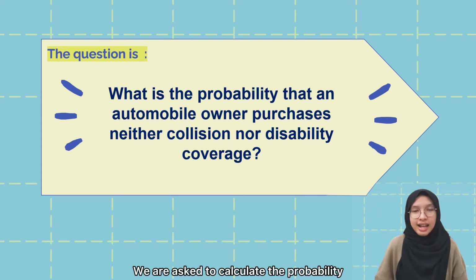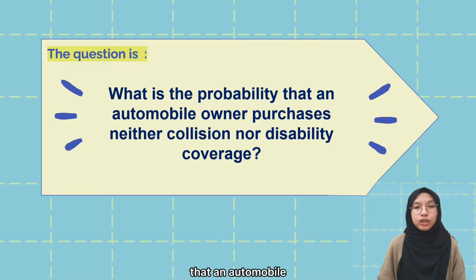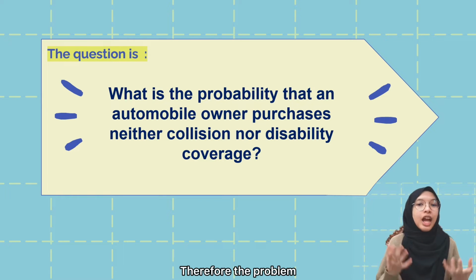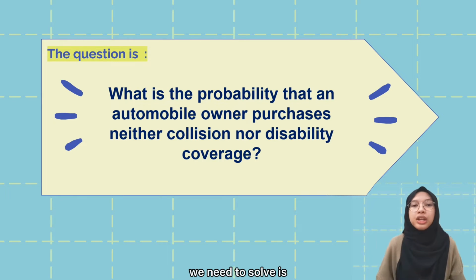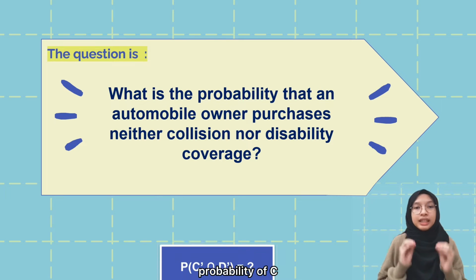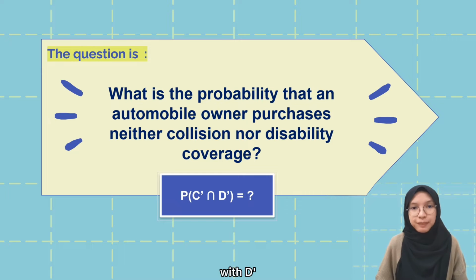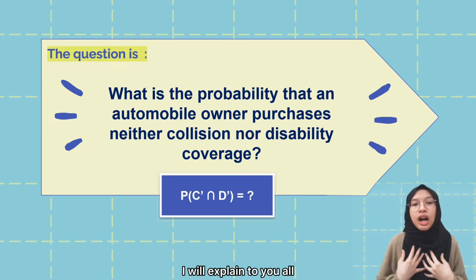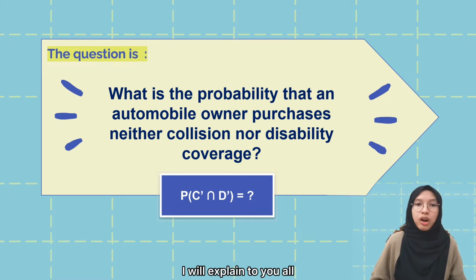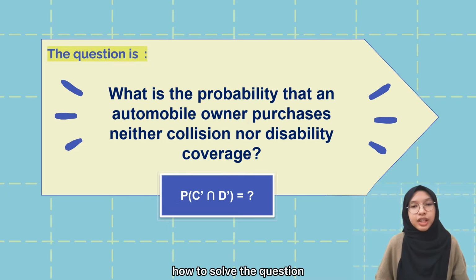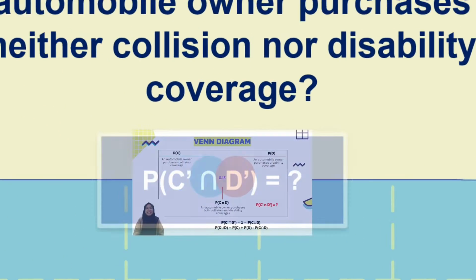We are asked to calculate the probability that an automobile owner purchases neither collision nor disability coverage. Therefore, the problem we need to solve is probability of C prime intersection D prime. In this video, I will explain how to solve the question. Let's go!